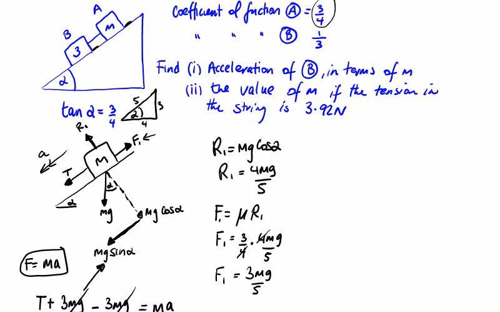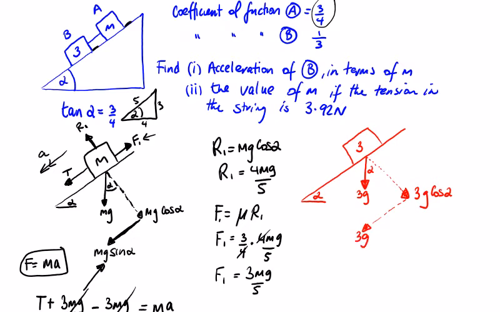We can try and fit block B in over here. So we have my alpha, my 3g, making this one 3g adjacent to alpha, cos alpha, and in this direction 3g opposite alpha, sine alpha.